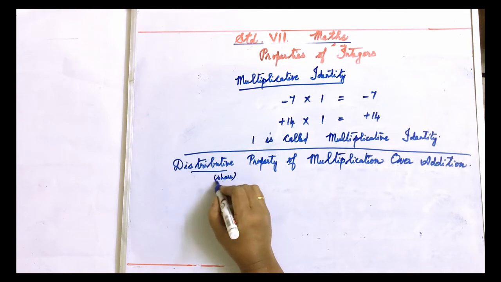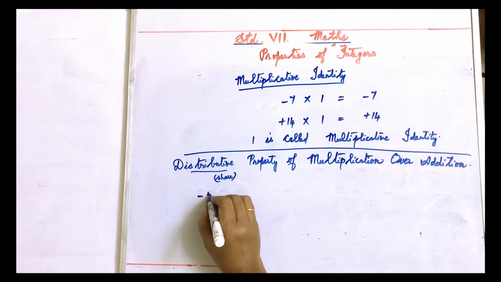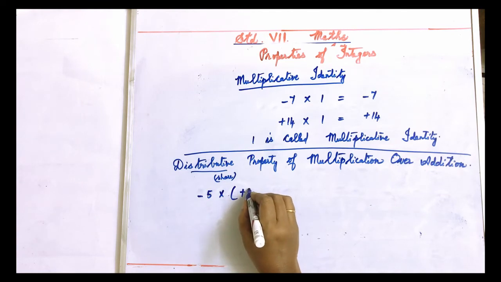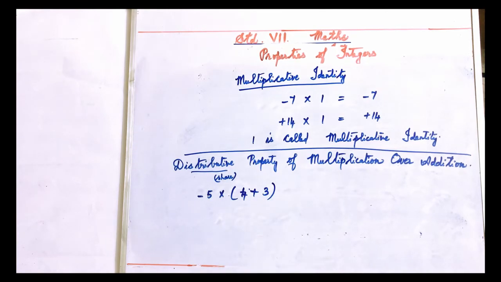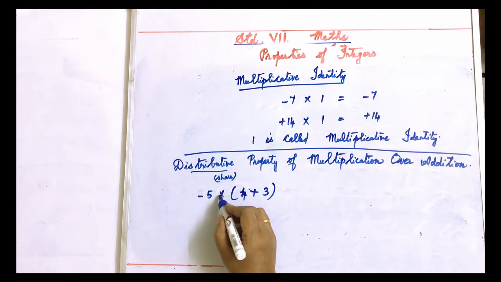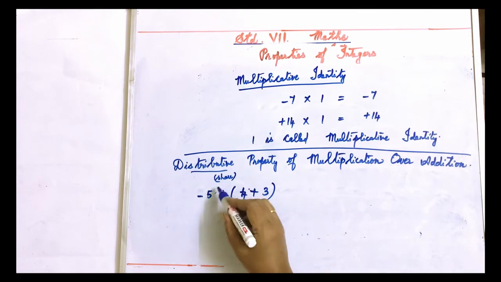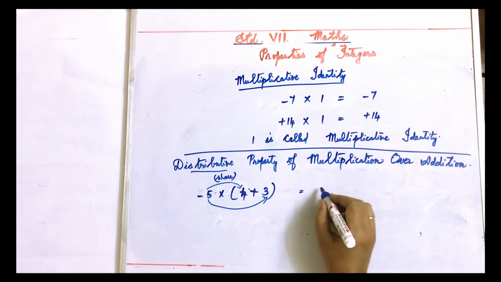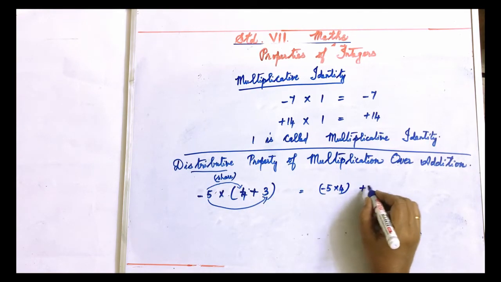Now we shall consider some integers. Minus 5 into the bracket 4 plus 3. Here you are seeing a multiplication sign and a plus sign. So this multiplication we have to distribute inside the bracket. How will you distribute? Minus 5 into 4 and next minus 5 into 3. So minus 5 into 4, here we have a plus sign, so plus minus 5 into 3.